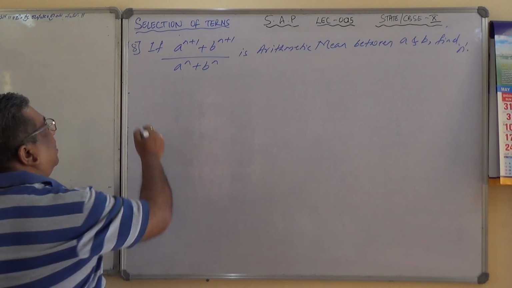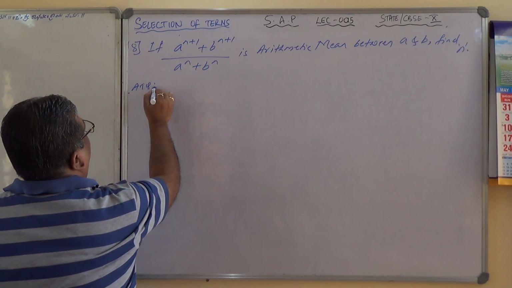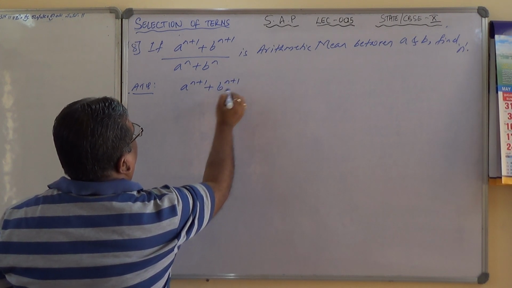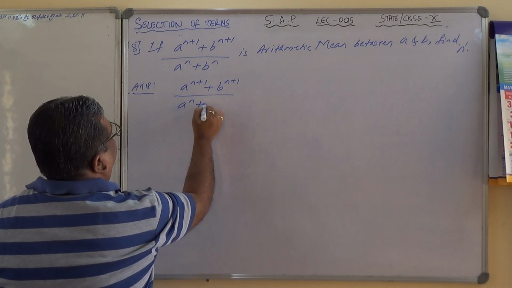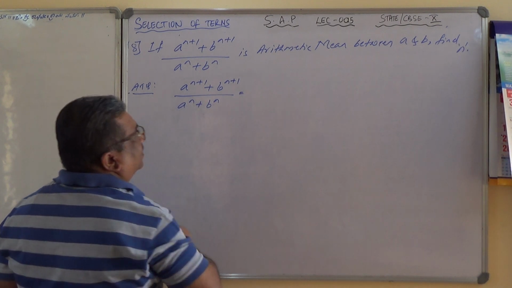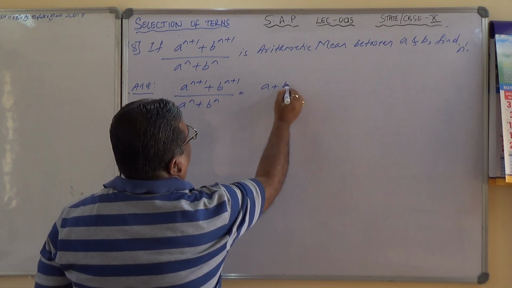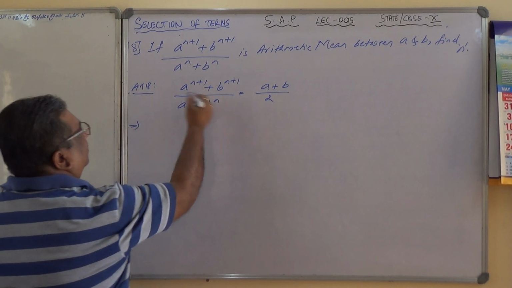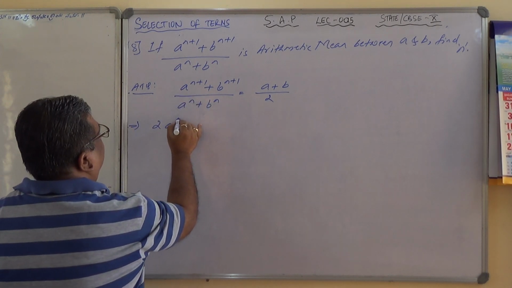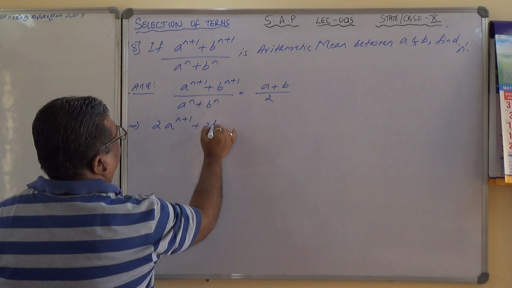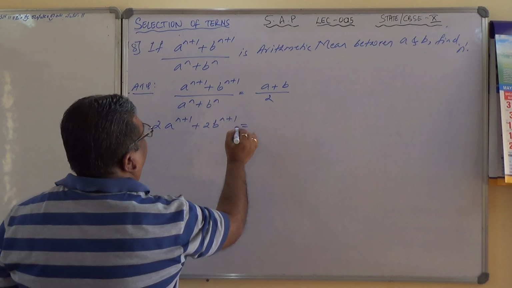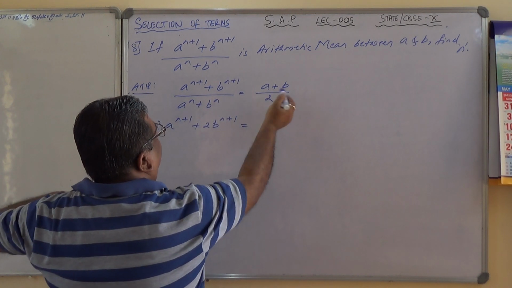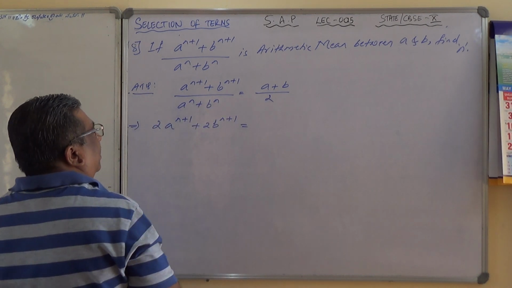So let's see here. According to the question, this equals that, isn't it? So cross multiplied, this equals a into this one, (a plus b) times this one. Understood?